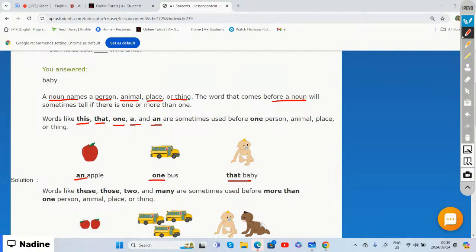All right. And then we have words like these, those, two, and many. And we use those words sometimes before a word to show that there is more than one person, animal, place, or thing.